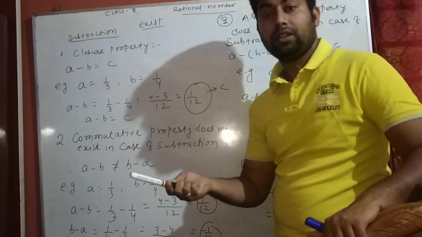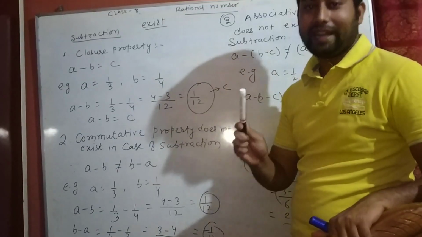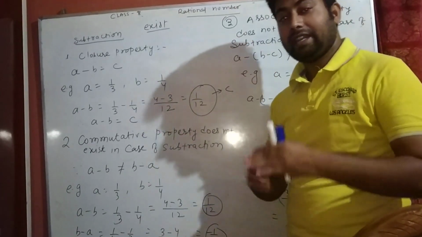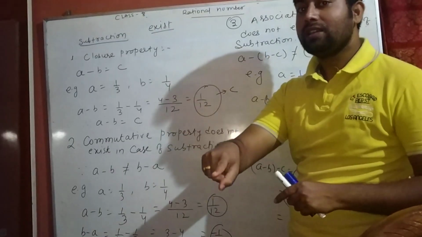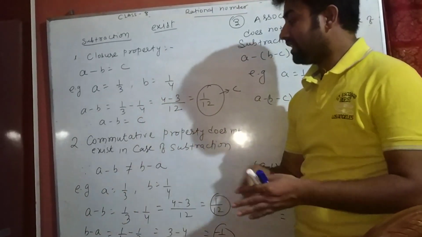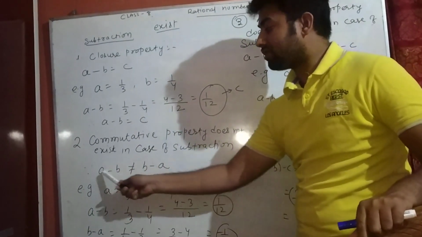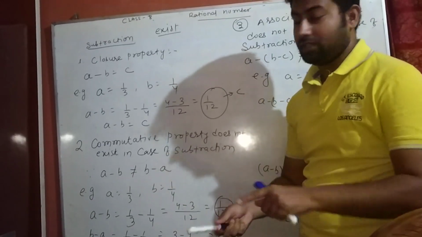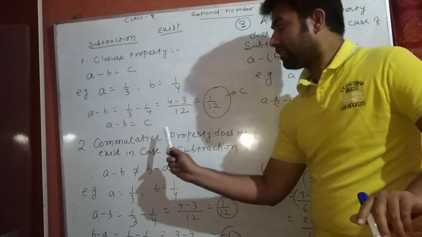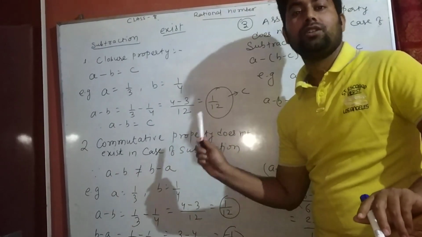In addition, if we change the places, the result comes the same. But in subtraction, if you change the places of the rational numbers, the result will change. Therefore, in subtraction, the commutative property does not exist.